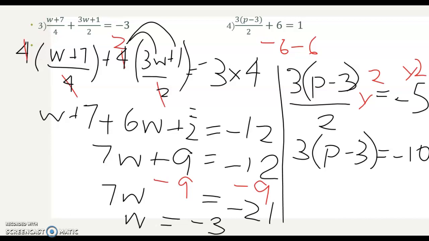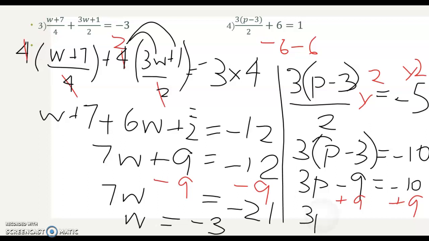Expanding the bracket now gives us 3p take away 9. And then our second last step is to add 9. Always do your plain numbers, not the ones that are attached to the pronumeral. And that gives us negative 1 on this side.